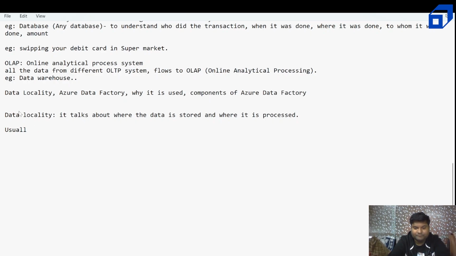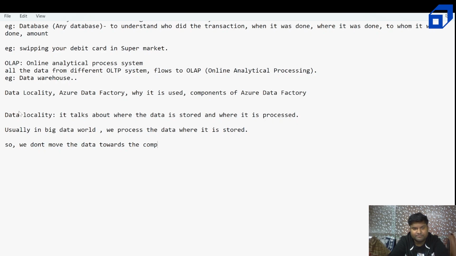Usually, in the big data world, we process the data where it is stored. So we don't move the data towards the compute.